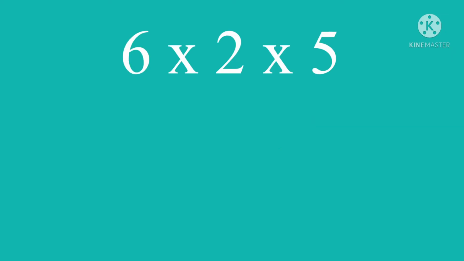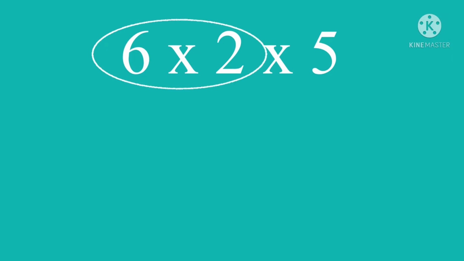Property 2. For example, let me consider the product of 6 into 2 into 5. First, let me multiply 2 and 5. So, 2 into 5 is equal to 10. Then multiply 6 with 10. So, 6 into 10 is equal to 60. Now, let me see what will be the answer if I multiply 6 and 2 first.